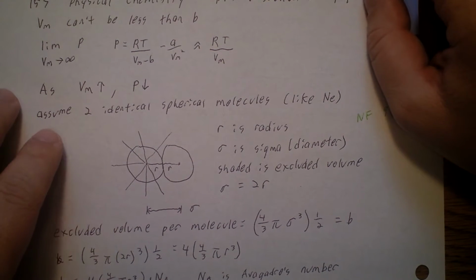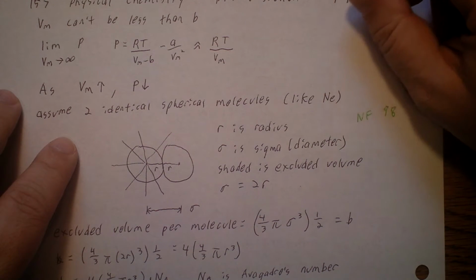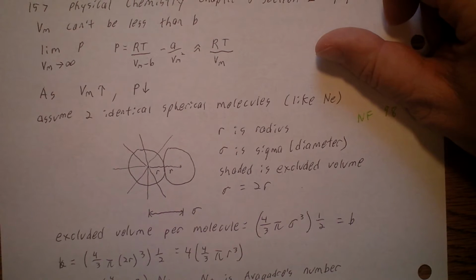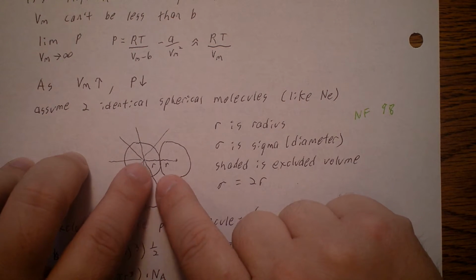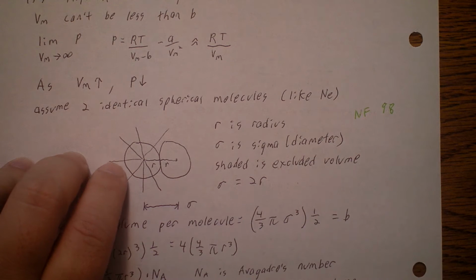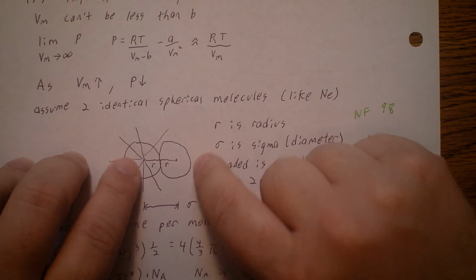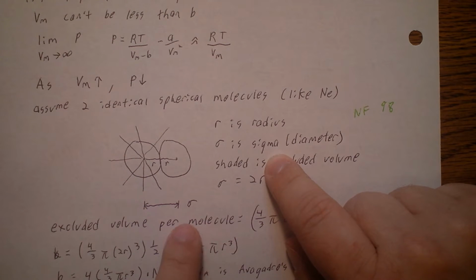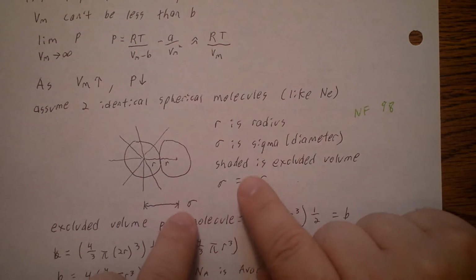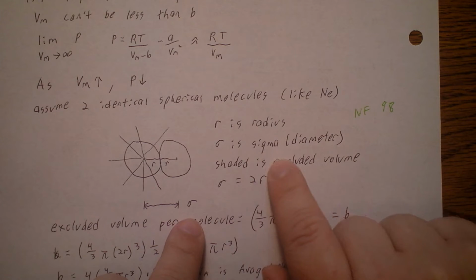Now, let's assume that we have two identical spherical molecules, kind of like a noble gas, like neon or something. So they're touching here. Each one has its own radius. So the center-to-center distance will be sigma. Okay, it looks like a delta. Anyway, r is the radius and sigma is the diameter.